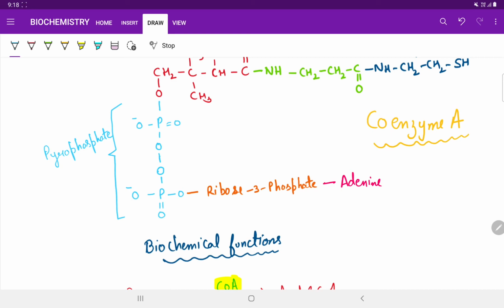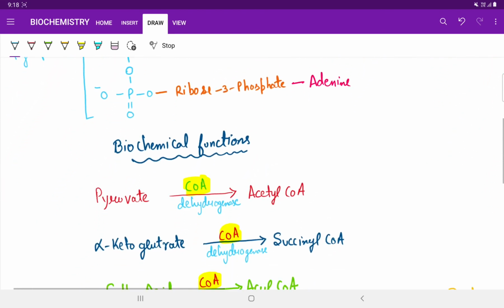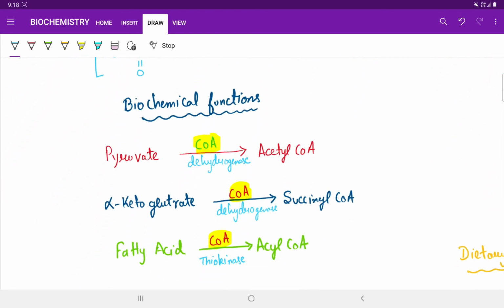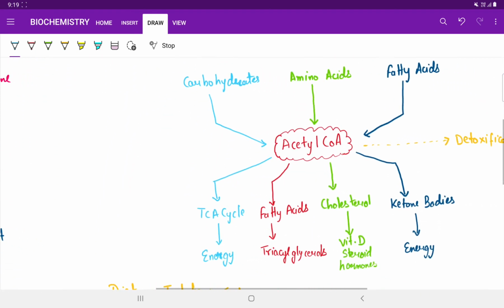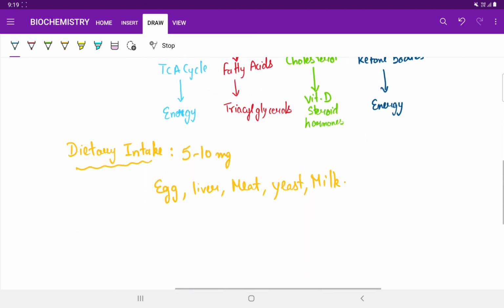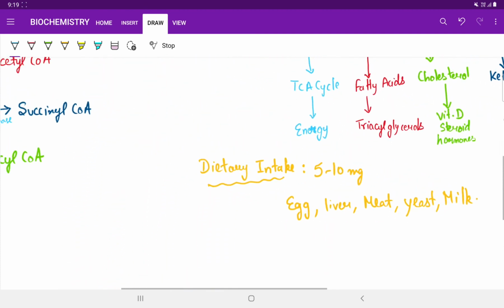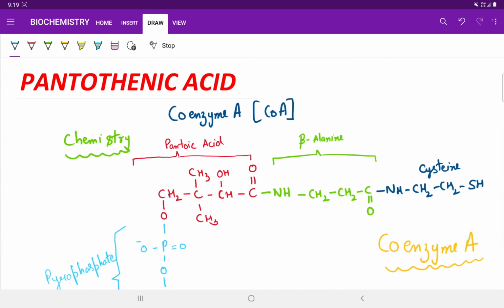So basically an AMP molecule and a cysteine molecule. So this is the structure of coenzyme A. Biochemical functions: the pyruvate, alpha ketoglutarate and fatty acid reactions are quite important. Then the fate of acetyl coenzyme A, and lastly the dietary intake and the sources. So I hope now pantothenic acid is clear to you all.